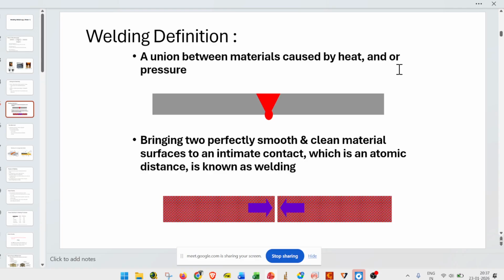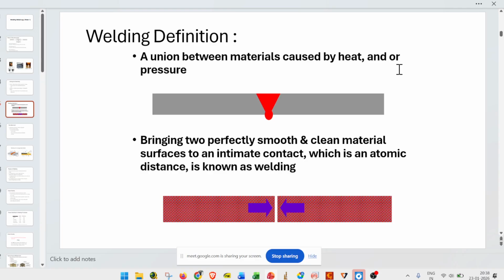But in nature we never get a perfectly smooth surface or one without any contamination. That's why we give heat input so that the region melts. Melting is nothing but randomness, entropy, the energy state increasing, so atomic vibrations increase and the materials become joined together.